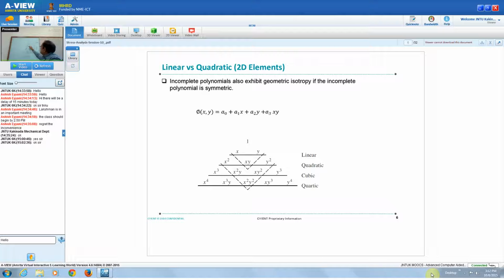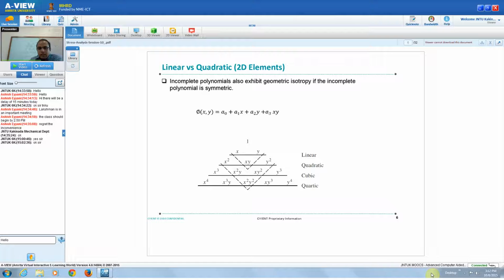No, because there is no factor related to y in the quadratic. So if I take 1, x, y, and xy, then this will make it a symmetric incomplete polynomial, because it has both x and y factors or parameters.